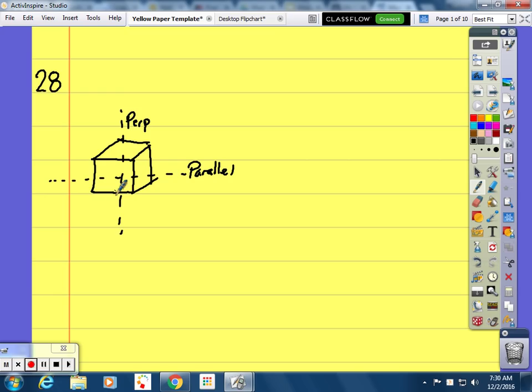And then it has a right square pyramid. And we're going to cut it this way and this way, parallel and perpendicular.